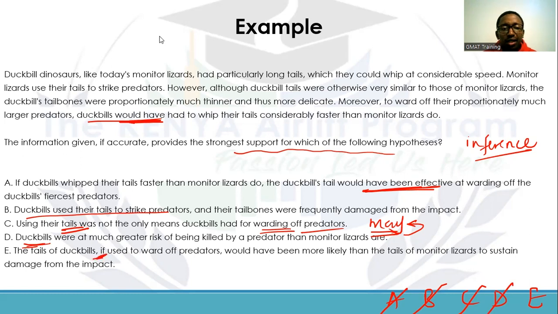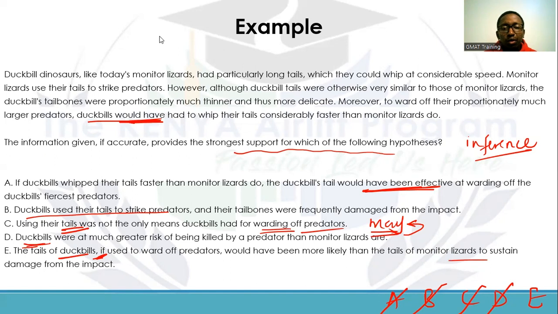A, the tails of duckbills, if used to ward off predators, would have been more likely than the tails of monitor lizards to sustain damage from the impact. So now here we are comparing the tails of these two.